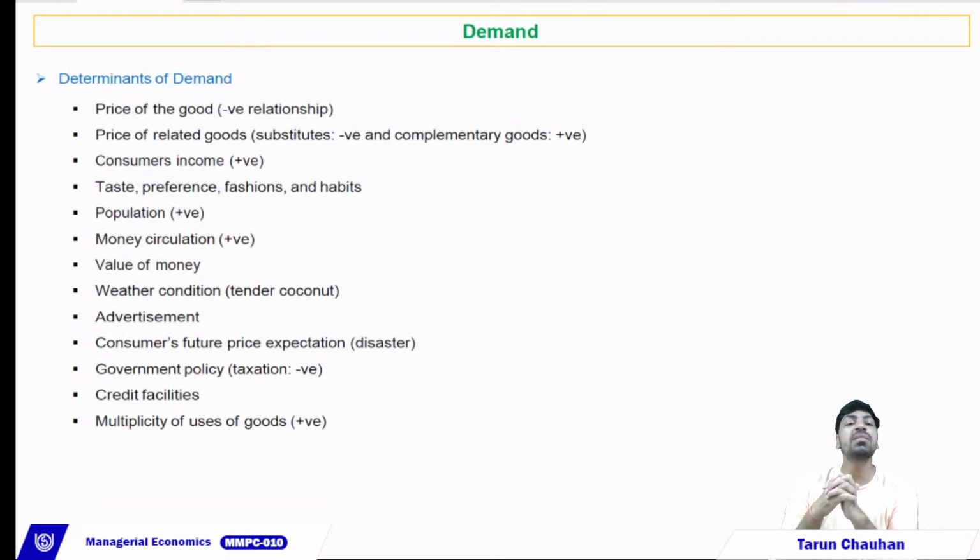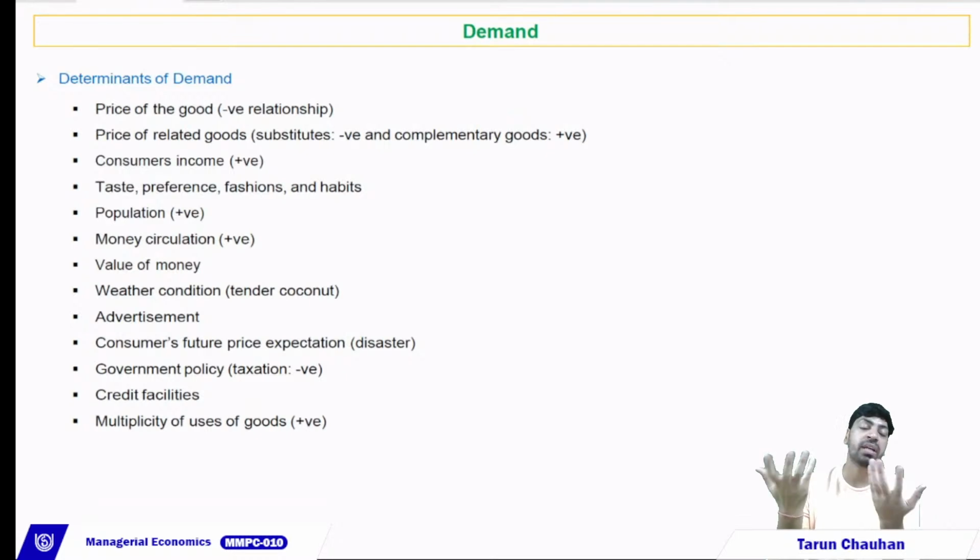Next one is taste, preference, fashion and habit. It always talks about taste and preference here, but I would also include other factors, that is, fashion and habits. Why? Because taste and preferences depend upon fashion and habits only.